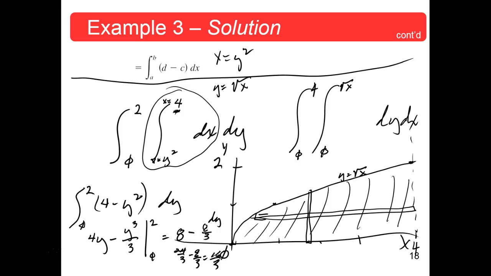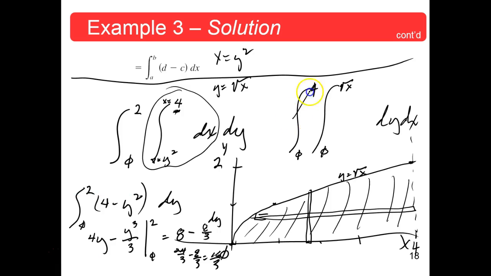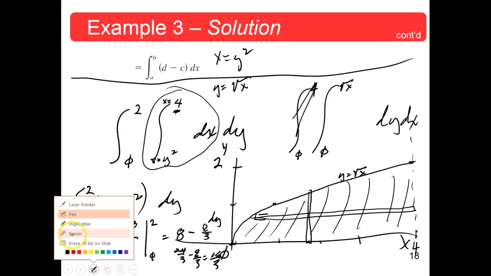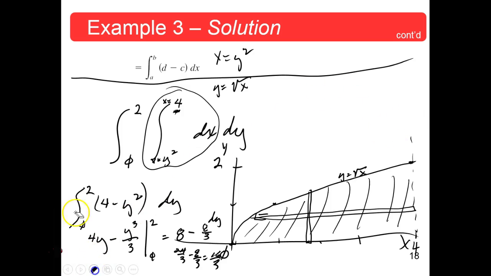Okay. Now let's integrate the other one there. I'll try to do this above it. In fact, what I think I'm going to do is reduce that a little bit because that's a lot of wasted space. Okay. There we go. 0 to 4, 0 to the square root of x, dy dx. So you're doing the integral from 0 to 4, 0 to square root of x, dy dx. Okay?